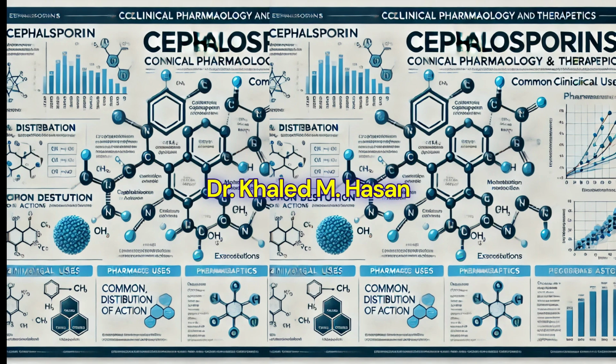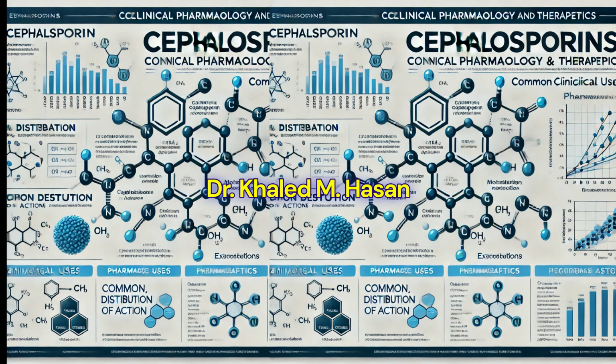Is it just a color thing, or does that reflect something about how they are? It does, because the way their cell walls are structured is different, and that affects how susceptible they are to different antibiotics. So it's not an arbitrary name. It tells us something about how they work.